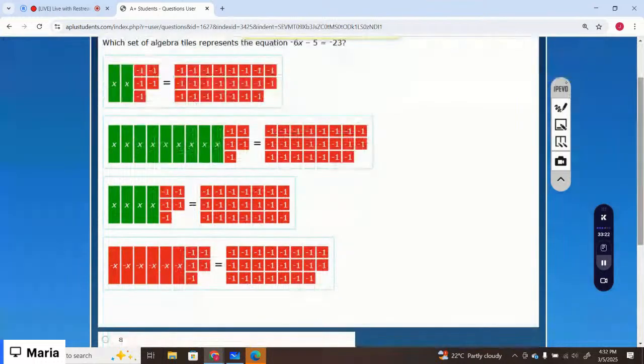Which set of algebra tiles represents the equation -6x - 5 equals -23?